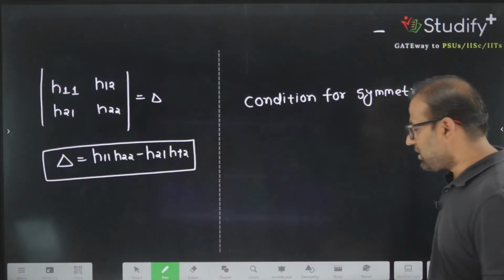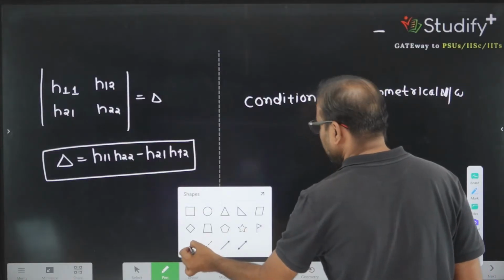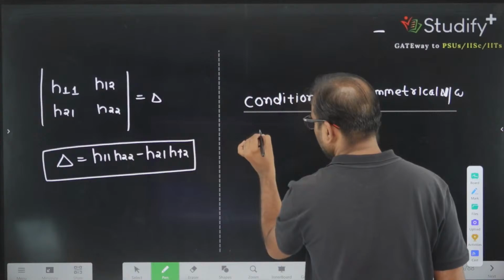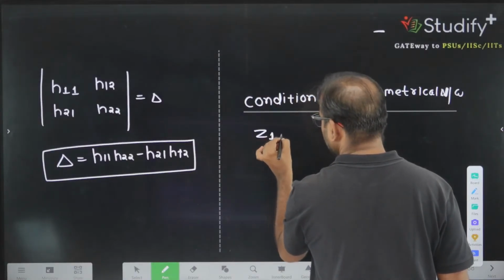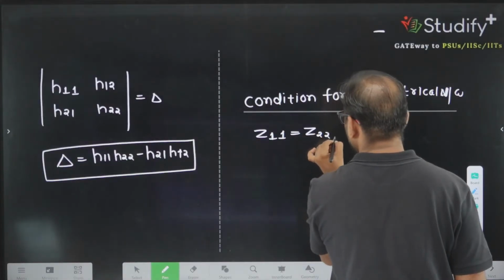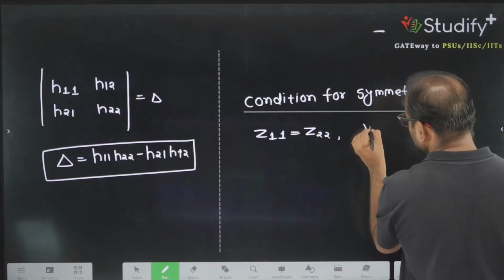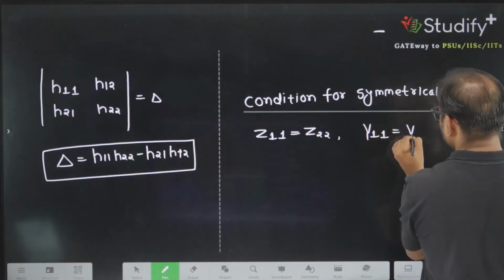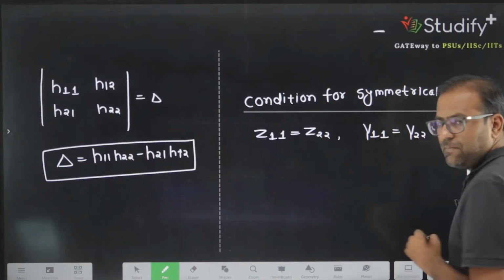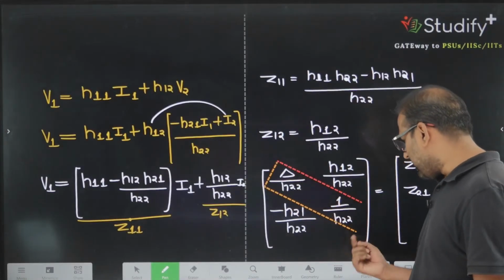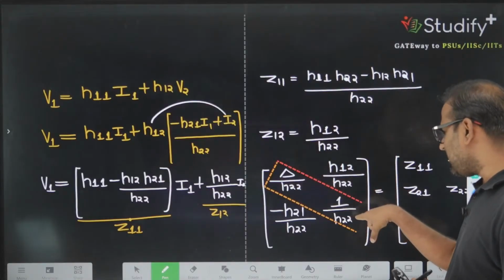We know the condition for Z parameter is Z11 equal to Z22, or for Y network this is Y11 equal to Y22. But we know the Z equivalent of H parameter, so you can say this is Z11 and this is Z22.